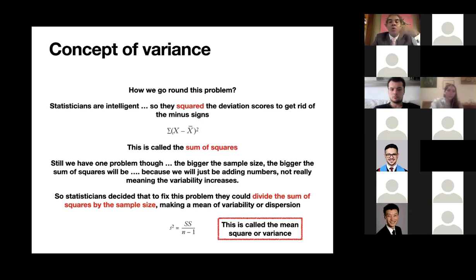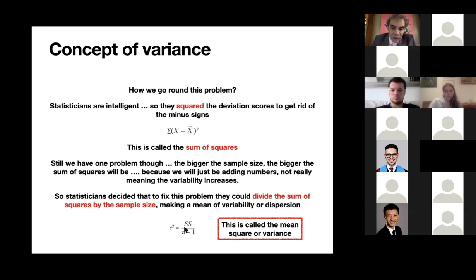So what did statisticians think about this? How did they get around this problem? Well, they decided that to fix this problem, they could divide the sum of squares by the sample size, making the mean of variability or dispersion. So your sum of squares, they divide it by the sample size. So then they don't have this problem, okay?